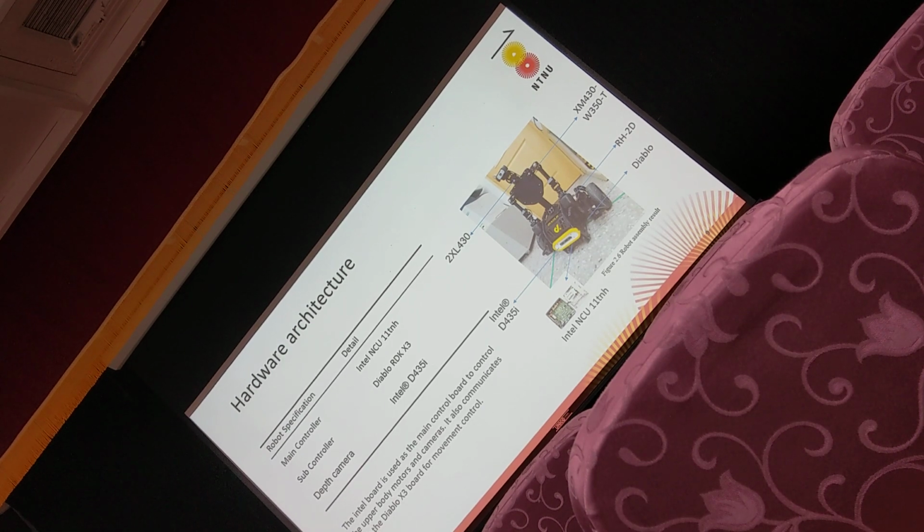My main controller is an Intel CPU, and the secondary controller is the Diablo X3. The Intel controller can control the upper body motors and camera, and it can also communicate with the Diablo X3 for movement control.